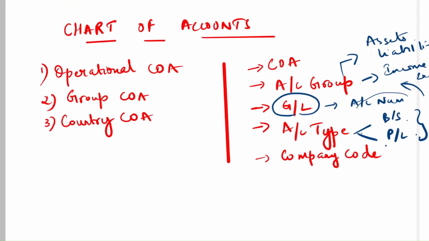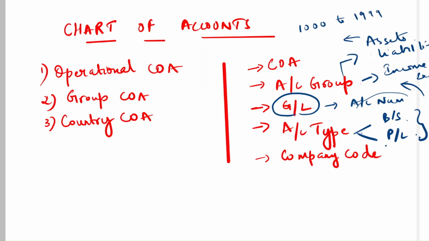Okay. Now, one thing I forgot to mention is when you speak of account group, this actually determines the sequence or the range within which the GLs would be created. So let's say for assets, while creating itself, the sequence can be defined as 1000 to 1999.